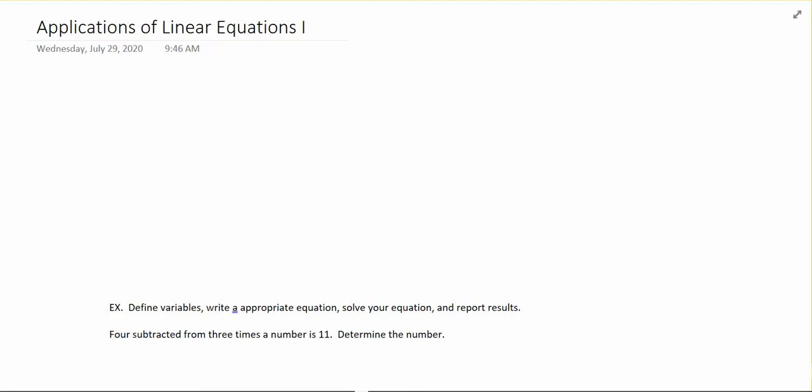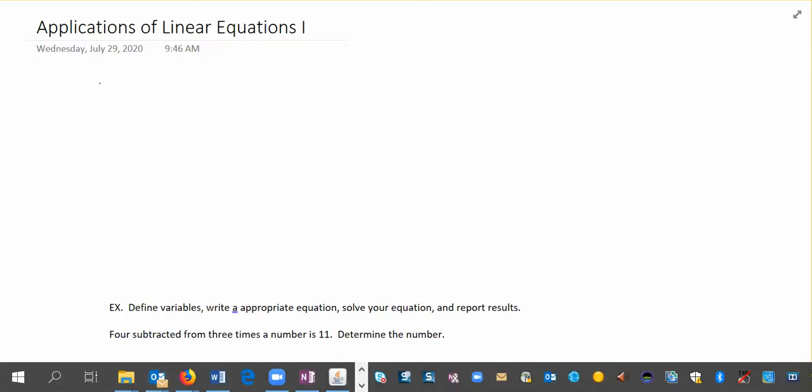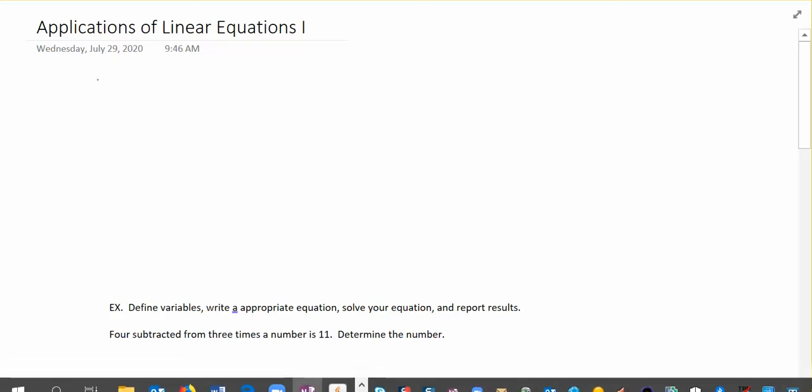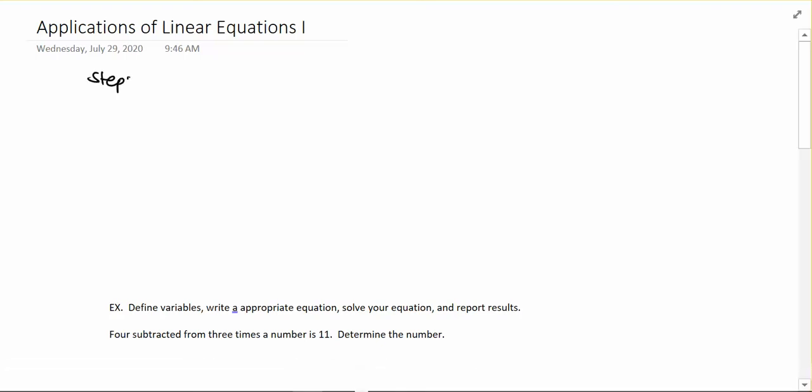So when you get what's commonly called a word problem, follow these steps to make sense of it and work your way through it. Let me write them down. Steps.